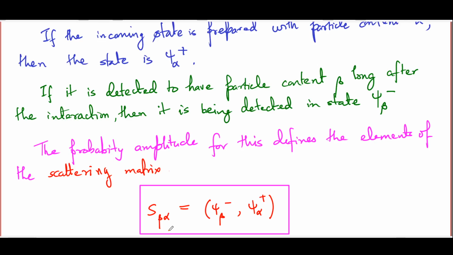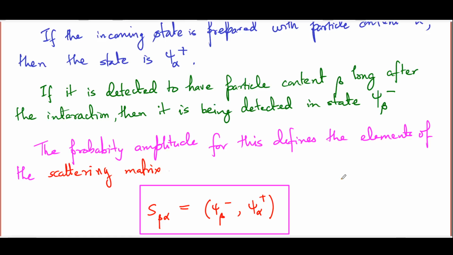Since typically the particle labels beta and alpha can take infinitely many values, we are talking about a potentially infinite dimensional matrix here, whose components are given by this inner product. And this is the so-called scattering matrix, or S matrix for short.